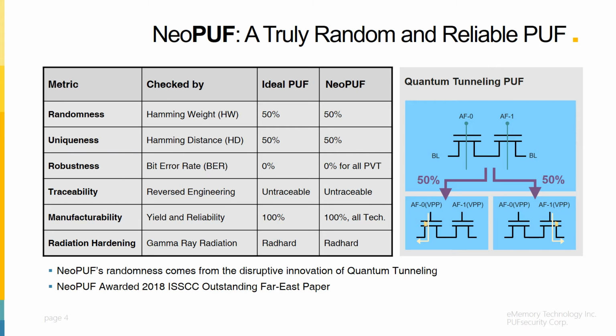In addition, according to the gamma ray radiation experiment, Neopath also shows the characteristic of being radiation hardened, which is suitable for applications from the car industry and military to aerospace. Moreover, Neopath can be mass produced from 5 nanometers to 0.15 micrometers without worrying about reliability and yield loss.